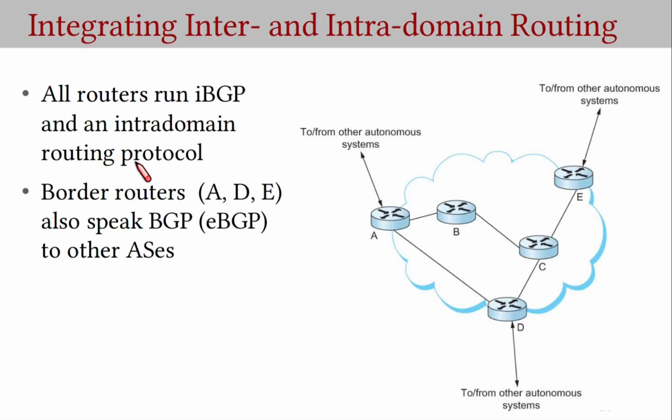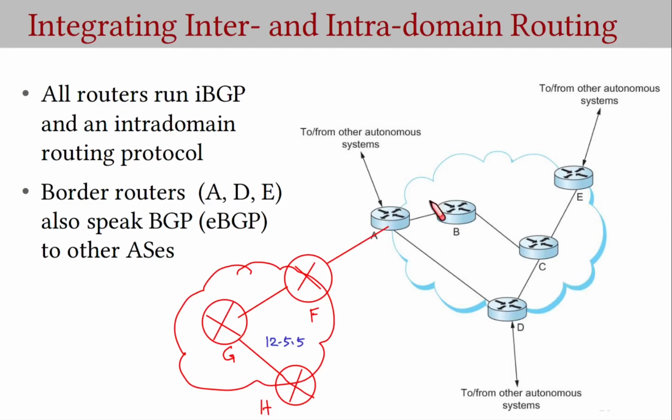So it could be ISIS, or OSPF, or RIP. And these border routers, we're going to assume that these are the BGP speakers in this example. So they run this BGP that we talked about. We were referring to that as BGP, but now we have to distinguish, and so we call this exterior BGP or eBGP.